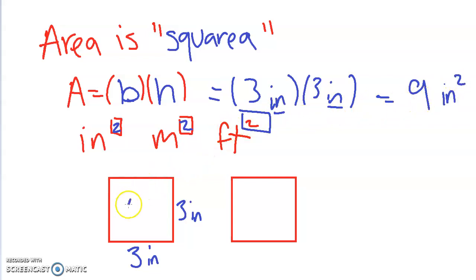So the area would be 9 inches squared. Cool? Alright, well this lesson we're going to talk about area, but specifically of triangles and trapezoids.